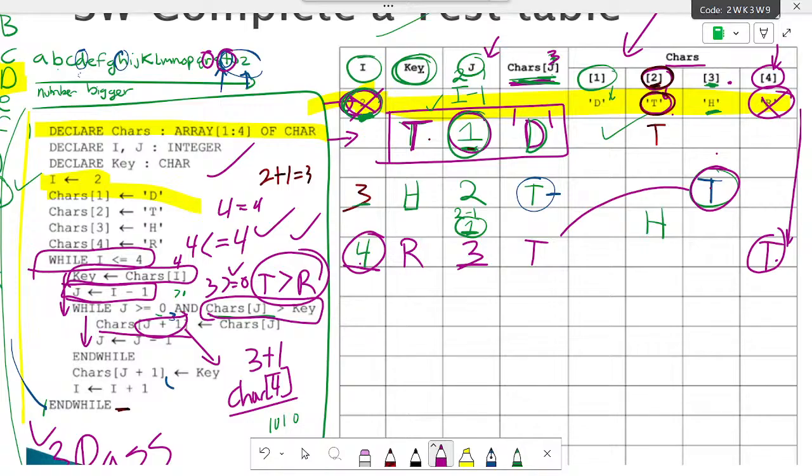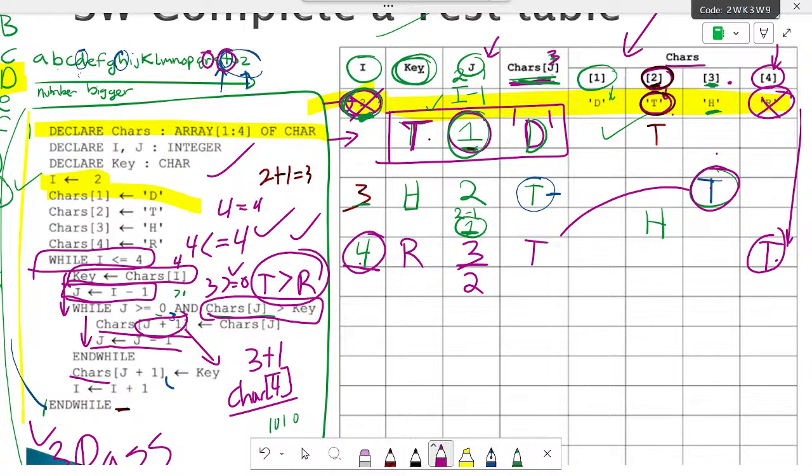Great. Where are we? So we did this. What is J equals to J minus 1? J equals to J minus 1. This is 2. Agree or disagree? Right now I'm right here. Now I go here.